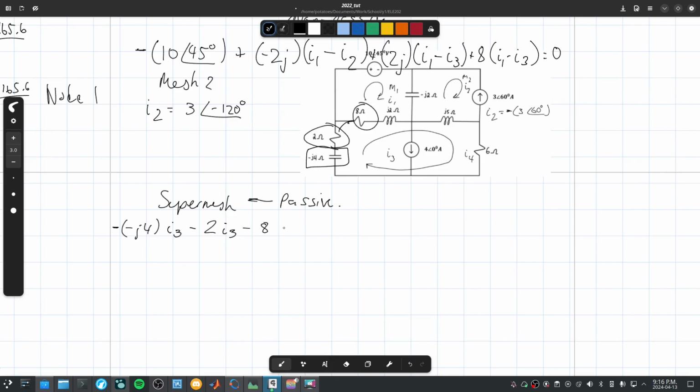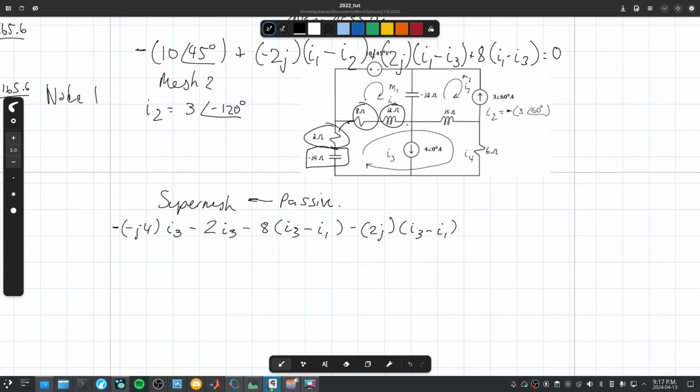So this is minus 8 I3, and the I1 is opposing it, right? Not only I3 is running through this. So this is minus I1. Then you come through here, and you do minus 2J, I1, or I3 minus I1. Same thing, right?